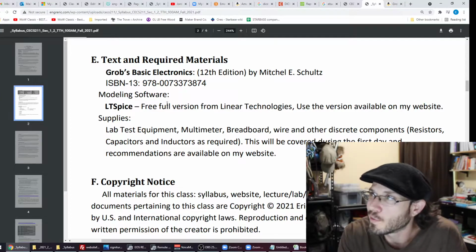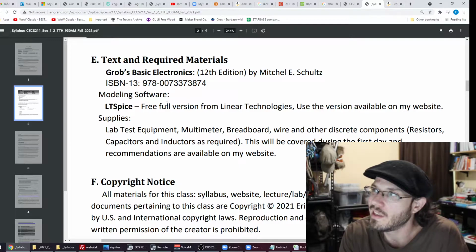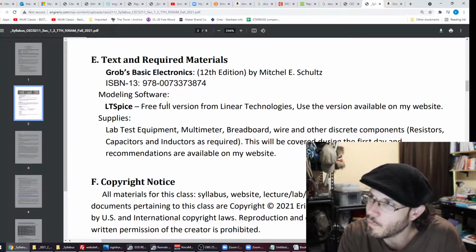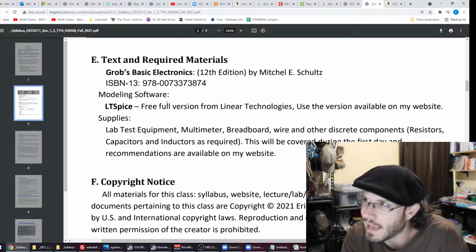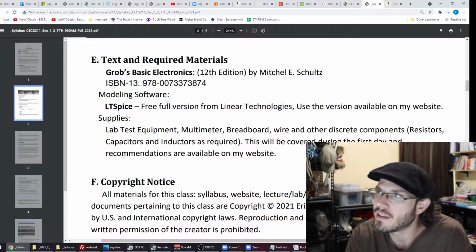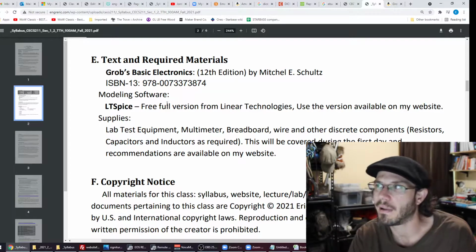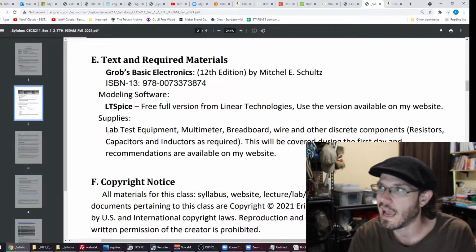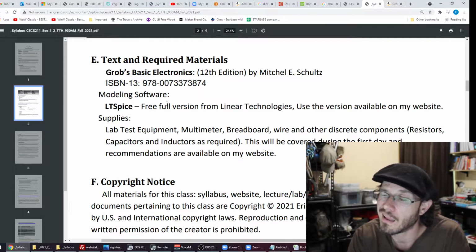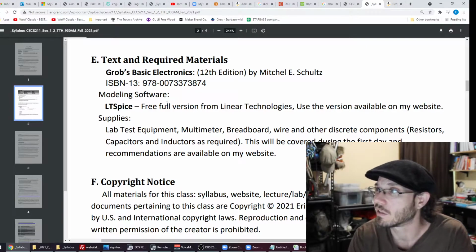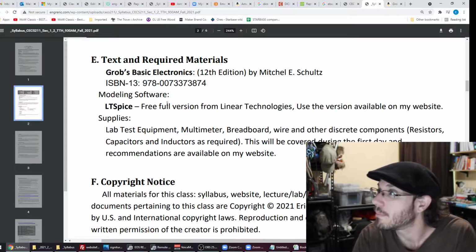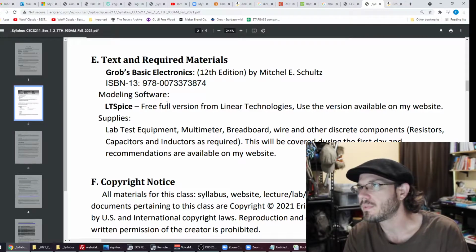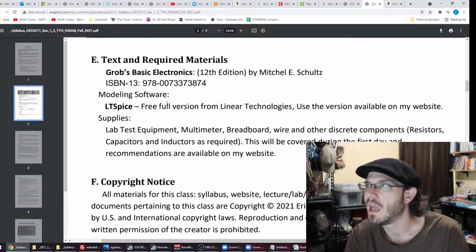Other things. We're going to need some software to do some modeling of these circuits. The software package I'm using is LT-Spice. This is free software made by Linear Technologies. They're one of the big vendors out there of semiconductors, of chips, of integrated circuits.